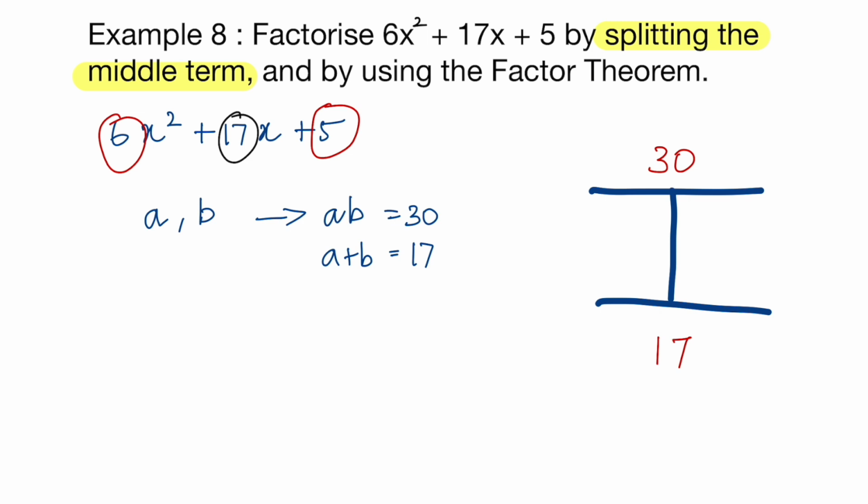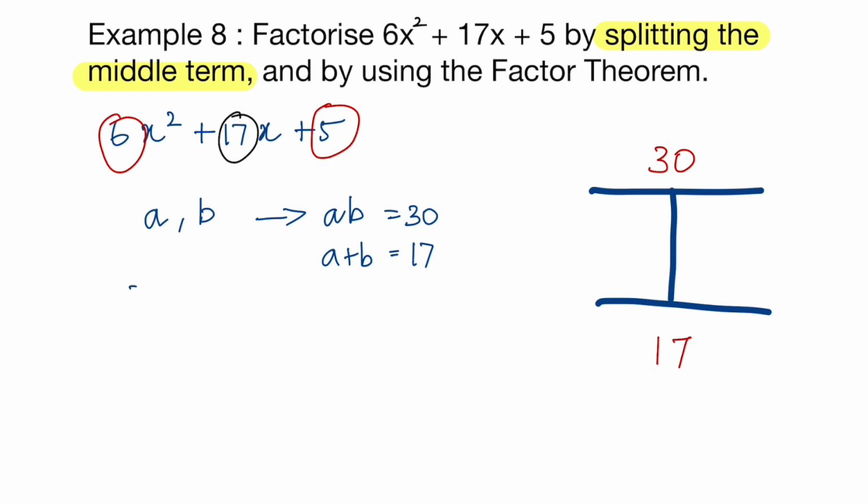If the product of two numbers gives you 30, those two numbers are obviously factors of 30.